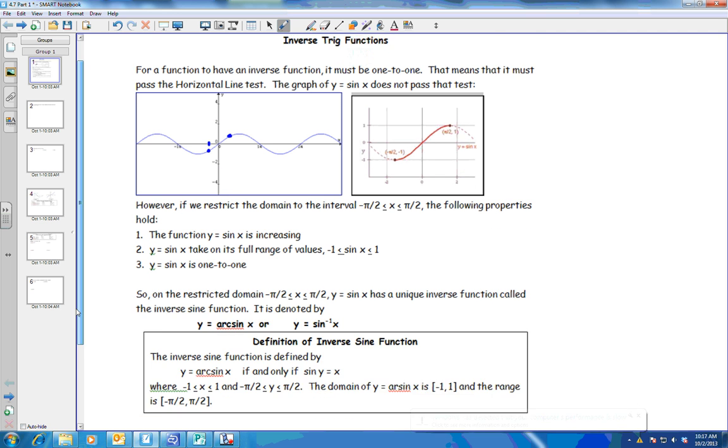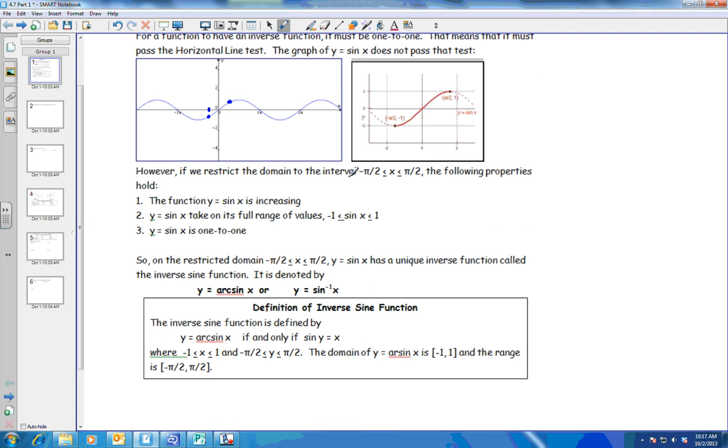So if we look at our notes, on the restricted domain from negative pi over 2 to positive pi over 2, y equals sine x has a unique inverse called the inverse sine function. And here's how it is denoted. There are two different ways you can write the inverse function. Here's one way, y equals arc sine of x. Anytime you see the word arc in front of sine, cosine, or tangent, they're talking about the inverse of those functions.